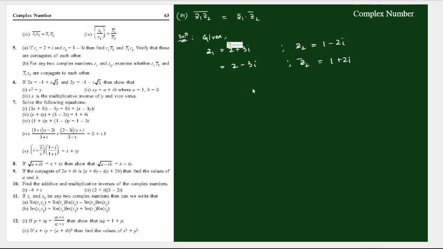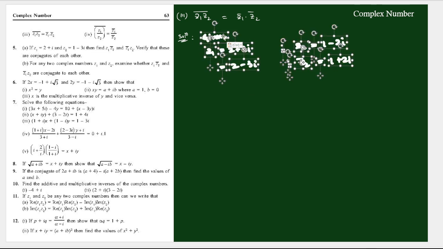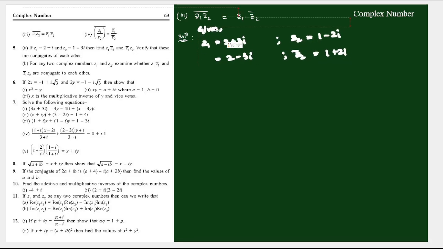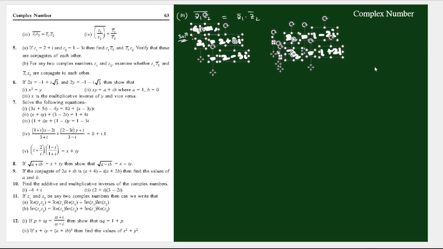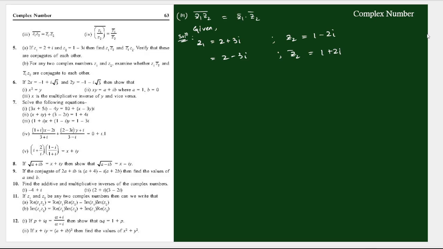Same thing. This is our given. So now therefore we will multiply it. First will be z1 into z2. So z1 is how much? 2 plus 3i. z2 is 1 minus 2i.